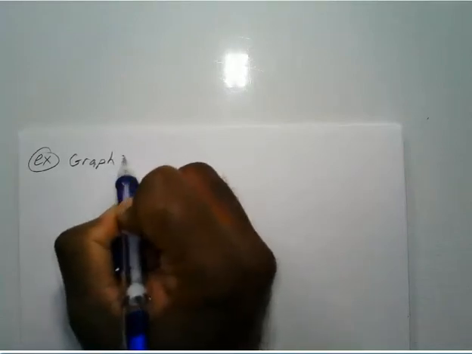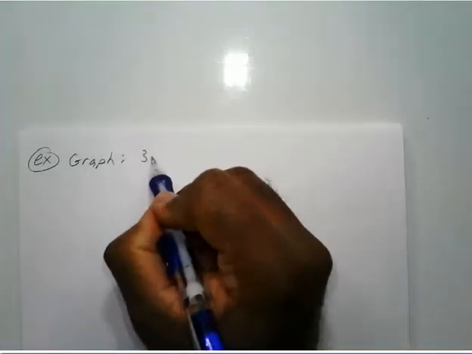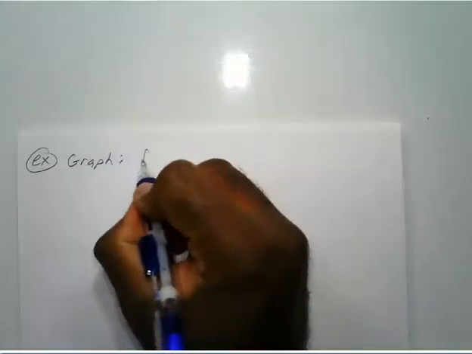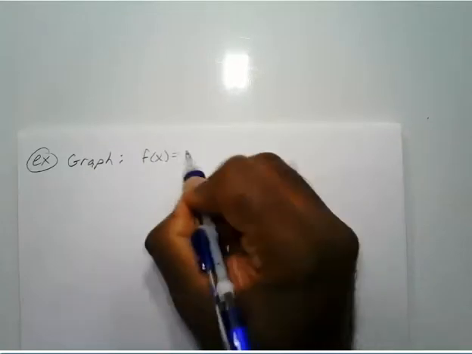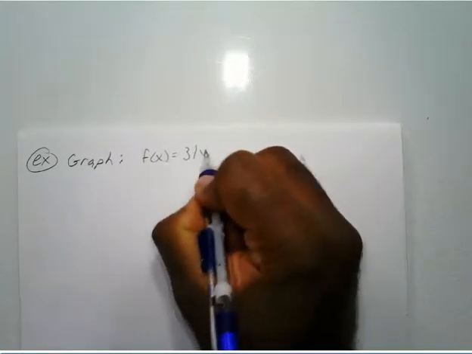All right, so let's say, for example, you want to graph f of x equals 3 times the absolute value of x.